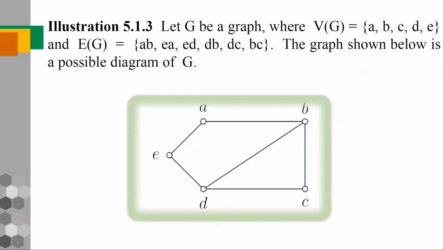So, let G be a graph where V of G is the set containing A, B, C, D, and E. So, as you can see, naa kay vertices nga A, B, C, D, and E. Tapos, ang edge set daw contains AB, pasabot connection between A and B, sunod EA, ED, DB, DC, and BC.